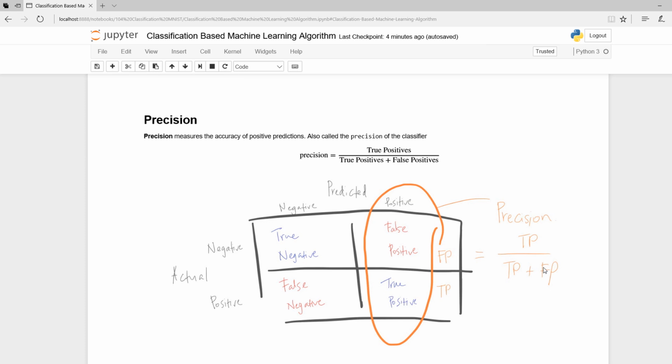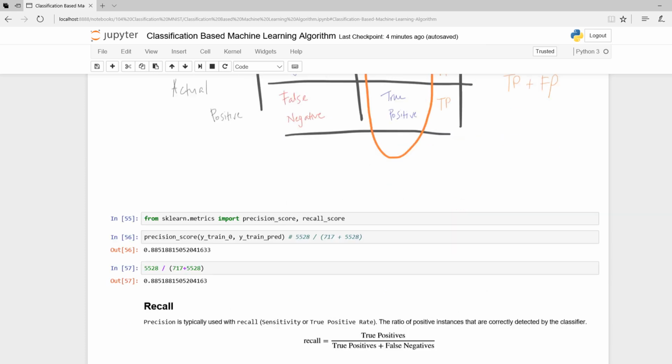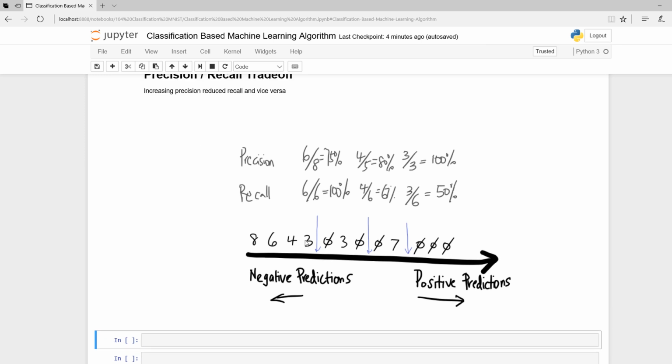How many actual positives are among all the predictions that it makes? And your recall, the positive instances that it is able to pick up, is 100%. So as you can see, when you try to increase precision, the recall drops. When you try to increase recall, the precision itself drops.